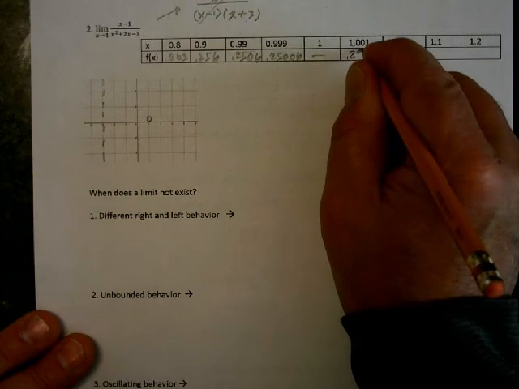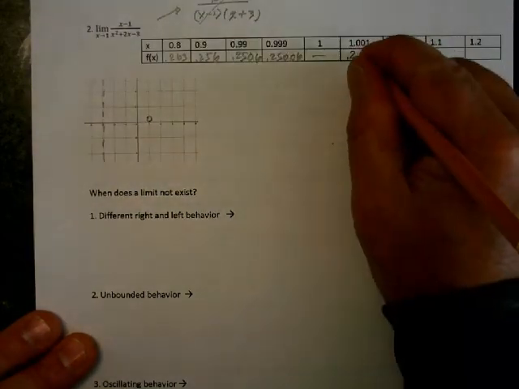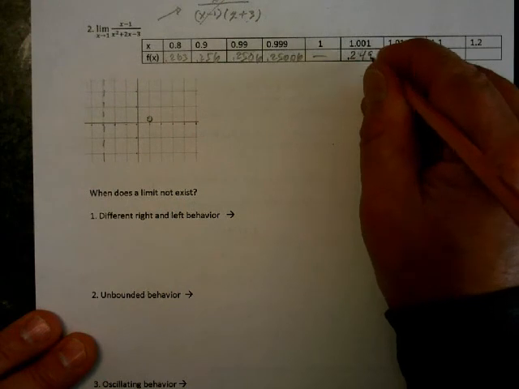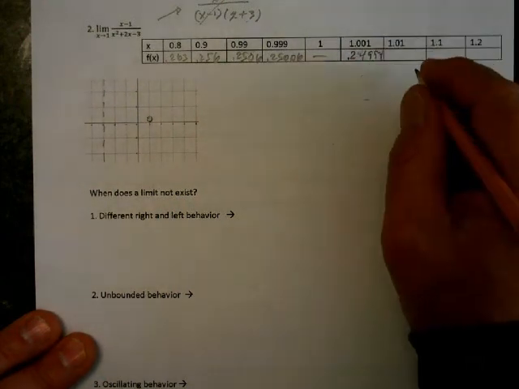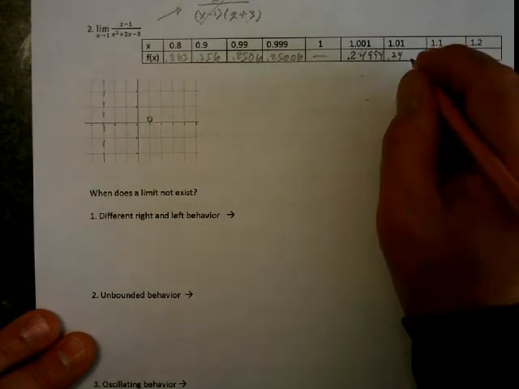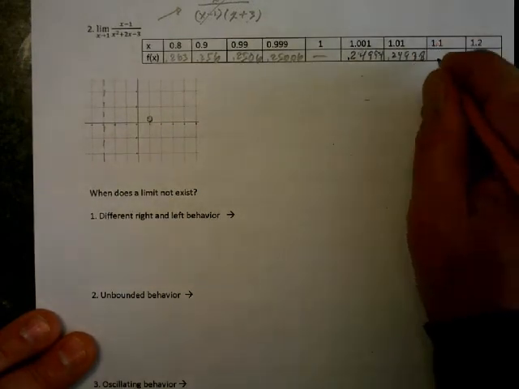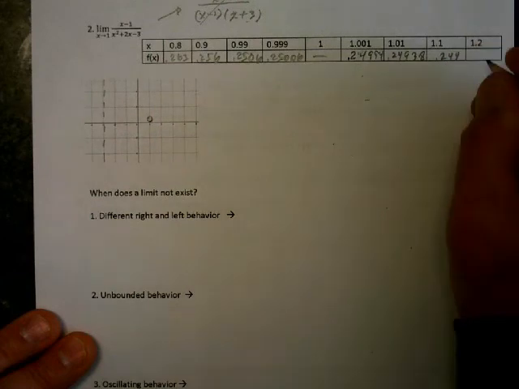Now let's go ahead and finish our table. When I put in 1.01, I get 0.24938. When I put in 1.1, this is 0.244.